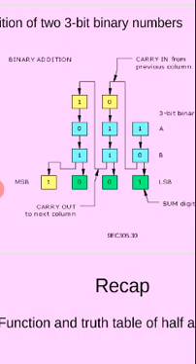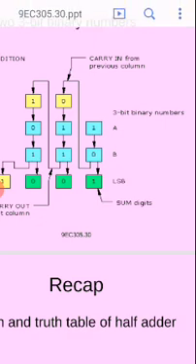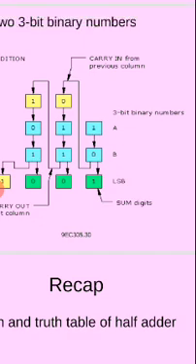We are taking 3-bit binary numbers A, B. The A bits are 0, 1, 1, and the B bits are 1, 1, 0.